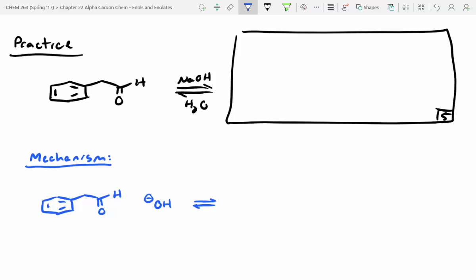Do we do the mechanism yet? If the mechanism helps you, definitely do it. But I'll do the mechanism after the fact to help people that might be stuck. I'm just going to draw out some skeletons here.